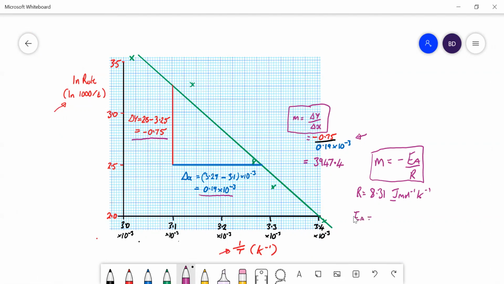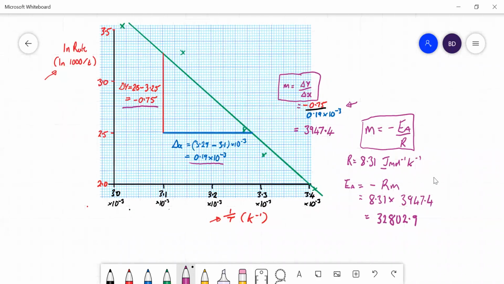EA is equal to minus R times the gradient, 8.31 multiplied by the gradient we've got, minus 3947.4, and that is going to give us 32802.9.